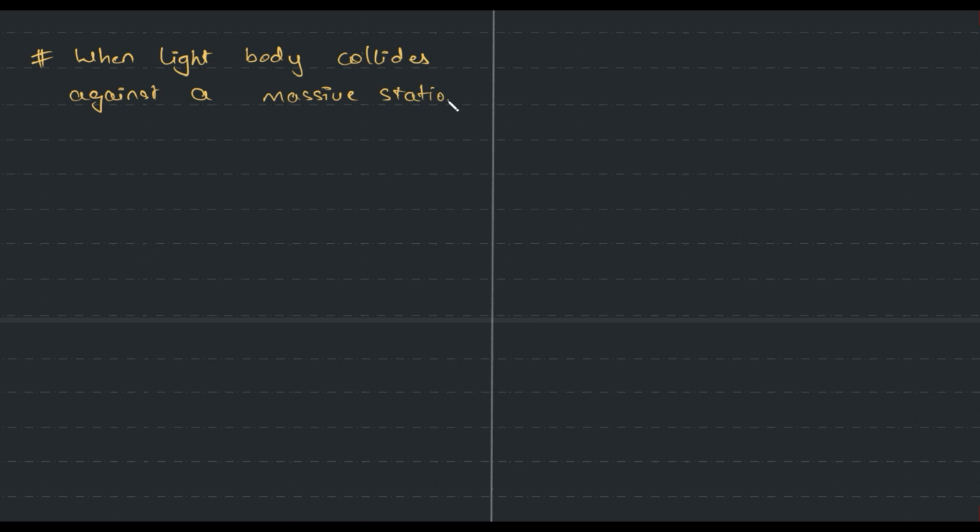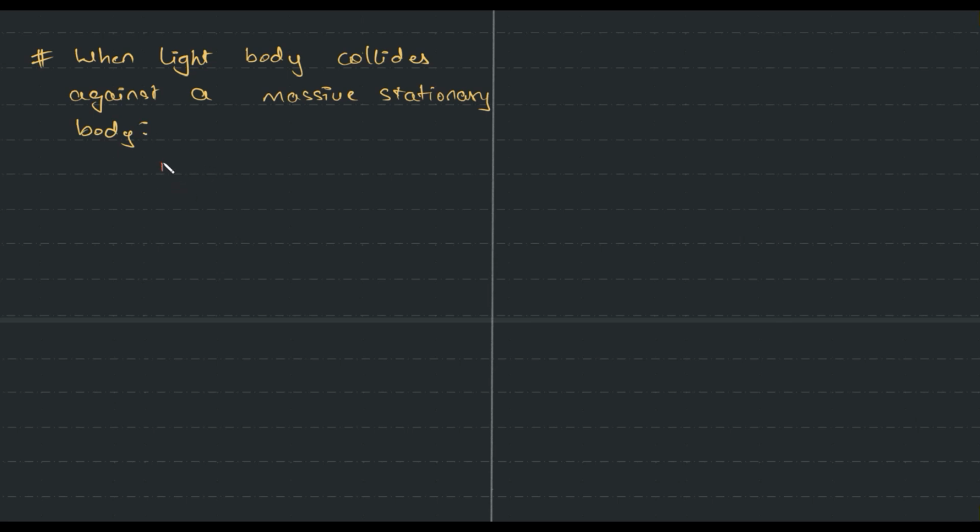Then we have a few more. Remember, all this has to do with elastic collision. So when a light body collides against, this is an important result actually, a massive stationary body.